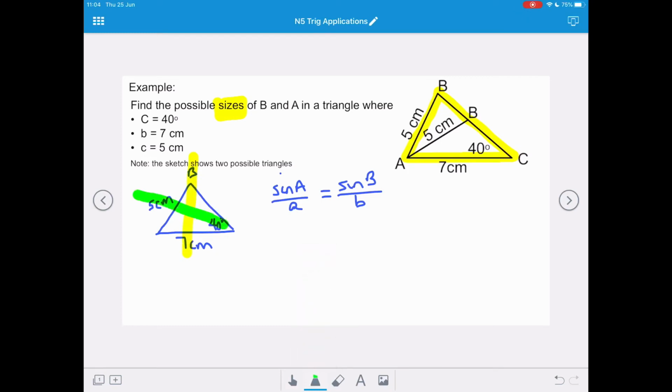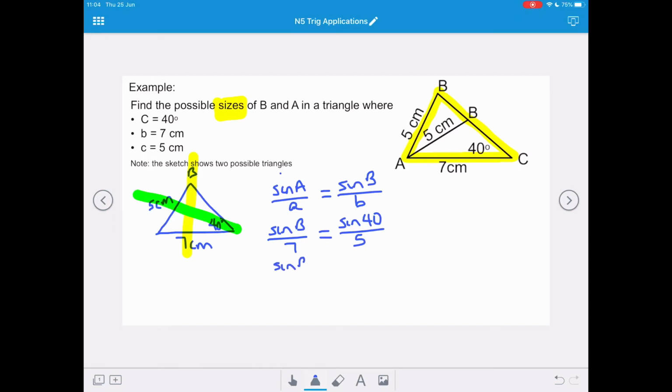So we've got angle B over 7, and we've got the 5 centimeters opposite our angle of 40 degrees. So the sine of B over 7 is going to equal the sine of 40 degrees over 5.